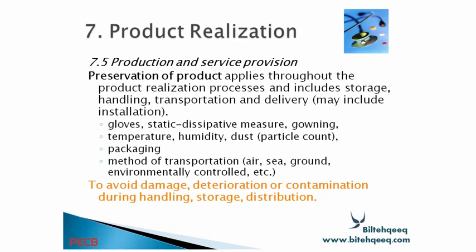So you have to develop a mechanism so that each product can be handled in a safe manner, and during the delivery phase to the customer, it should remain the same and should not be damaged.